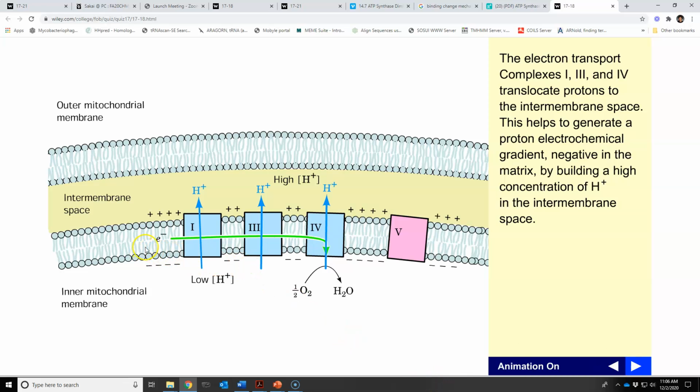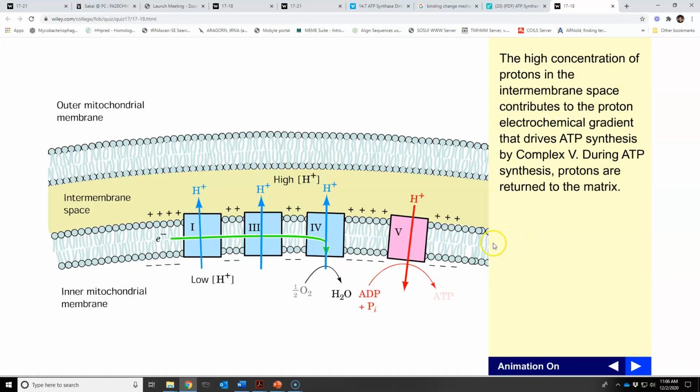So the animation showed that as the electrons and protons are passed down the electron transport chain to oxygen to form water, proton pumping occurs, and those protons go to what's labeled here as complex 5, but I prefer the name ATP synthase since that's what it does. These protons will come through this F0 channel and stimulate the active site of the synthase to couple ADP and phosphate to form ATP.